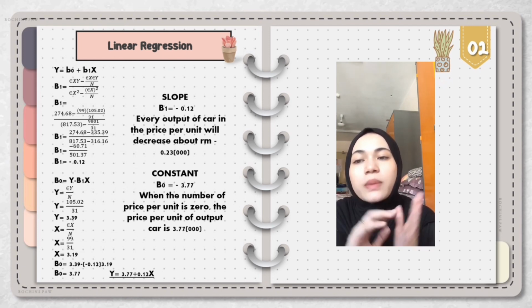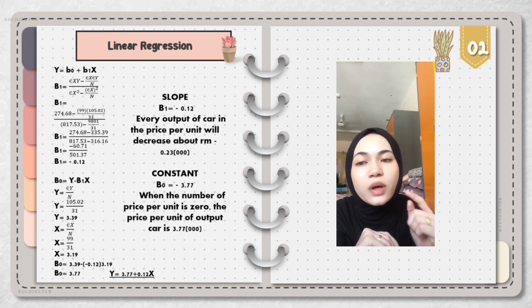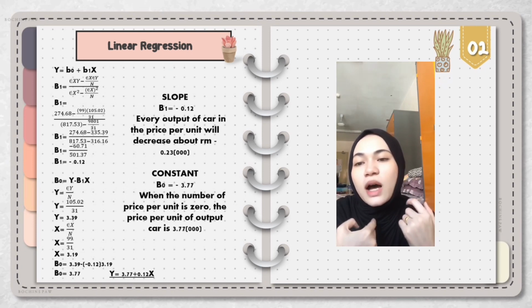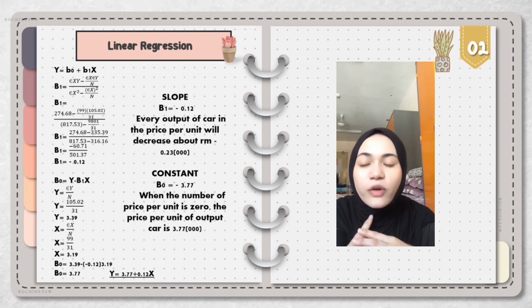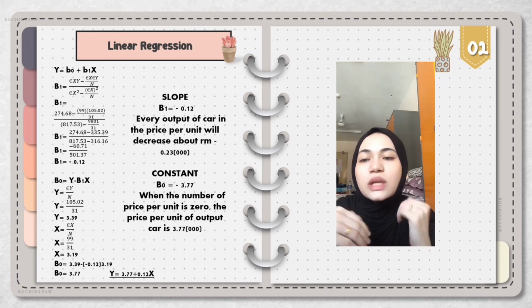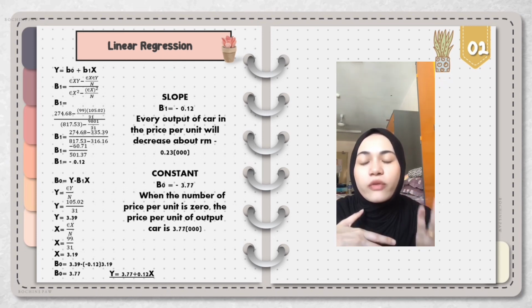Next is slope b1, which is negative 0.12, which means when the price per unit will decrease about negative 0.23. For constant b0, which is 3.77, when the price per unit is 0, the price per unit of car output is 3.77.